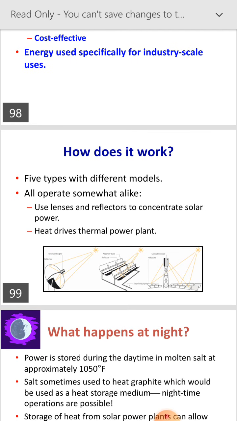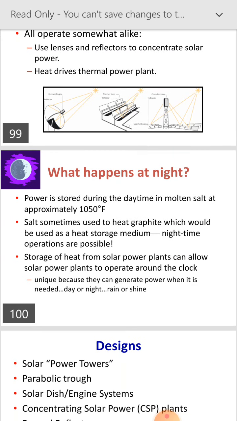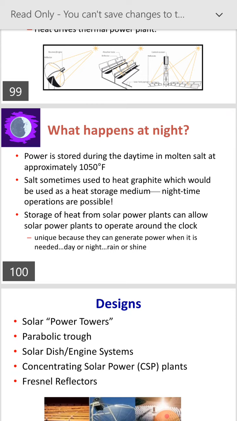How does it work? Five types with different models, all operated somewhat alike, use lenses and reflectors to concentrate solar power. Heat drives the thermal power plant. What happens at night? Power is stored during the daytime in molten salt at approximately 1050 Fahrenheit.